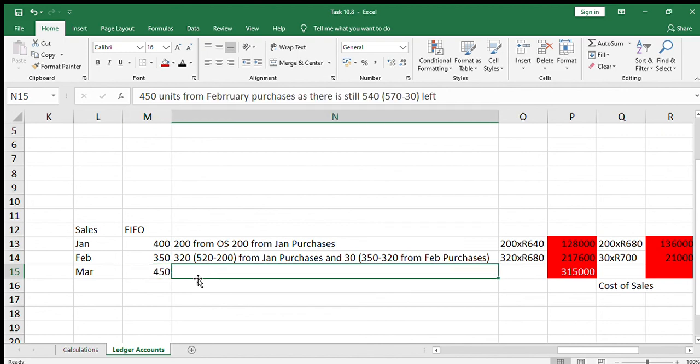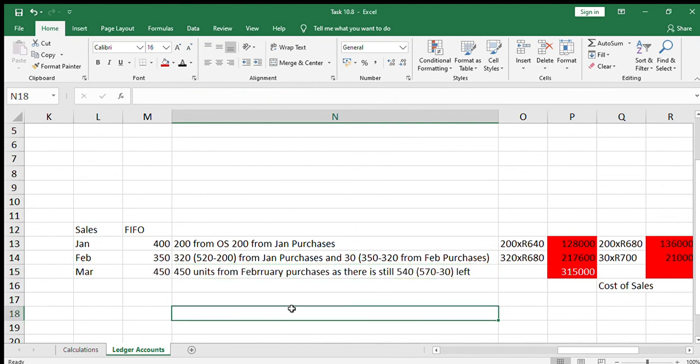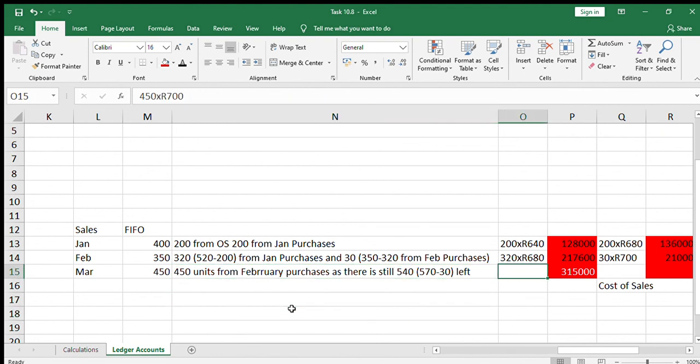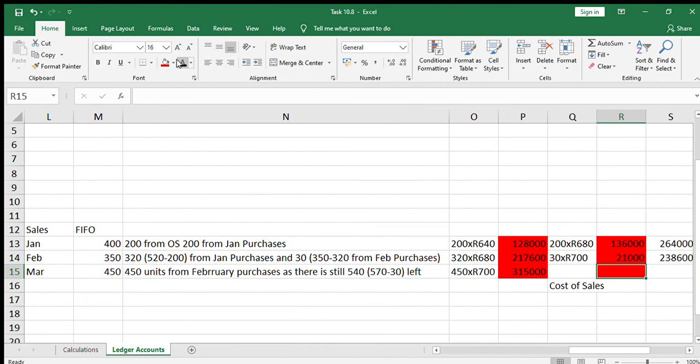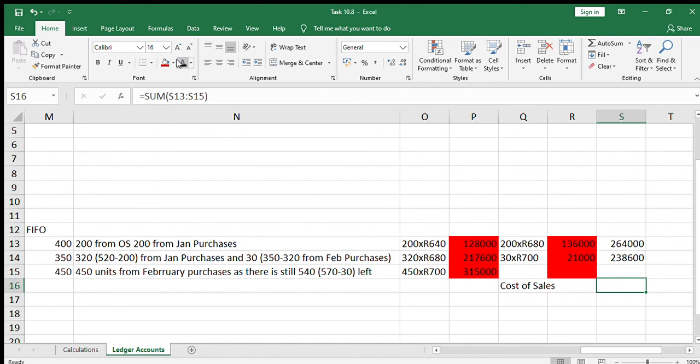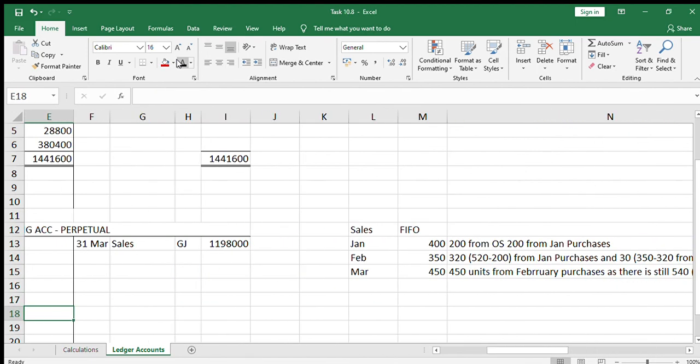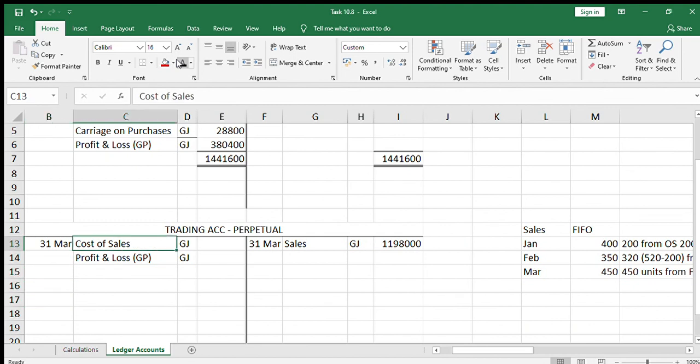So now we're going to take all 450 units from February, as there were 540 units left from February, at February's price of 700 Rand, which gives us 315,000. Okay, then we have cost of sales of 817,600. So we're going to put the cost of sales in here, 817,600.